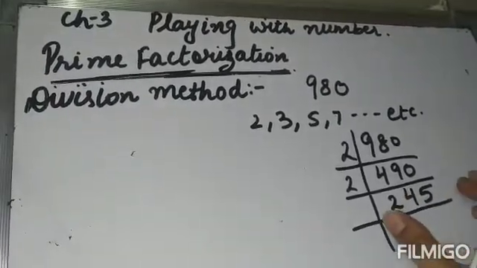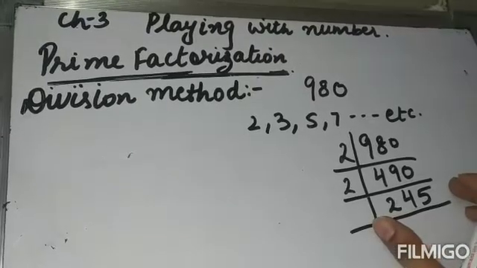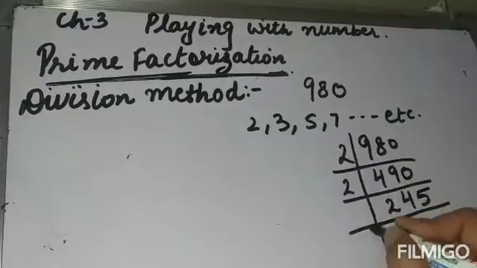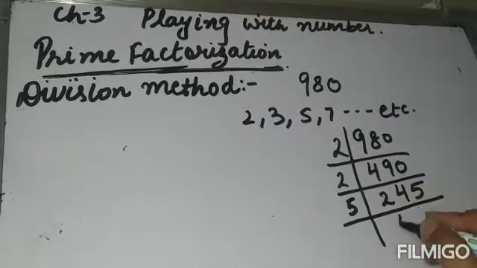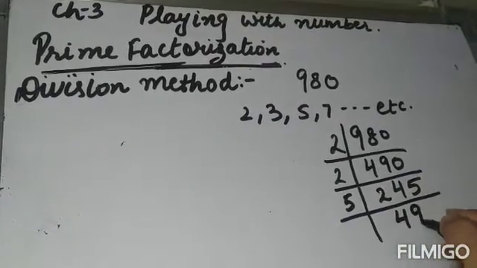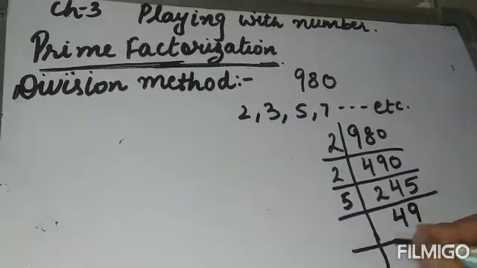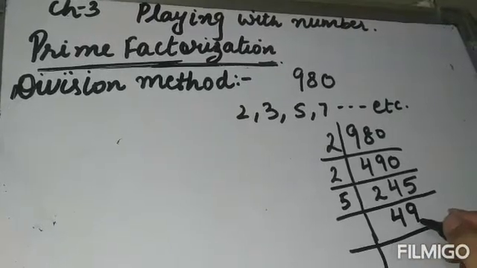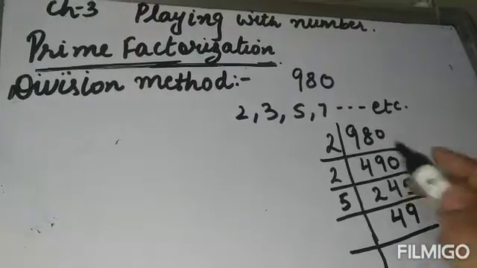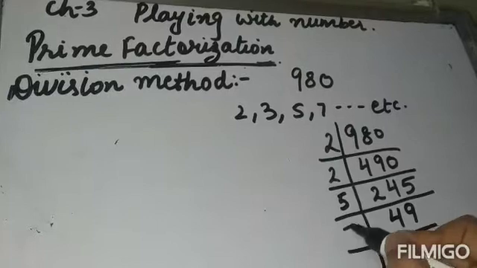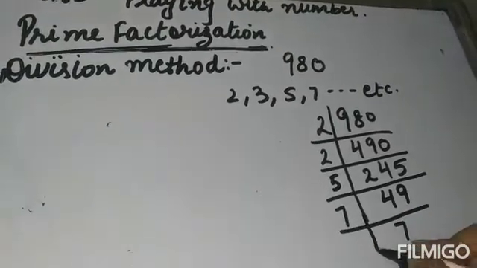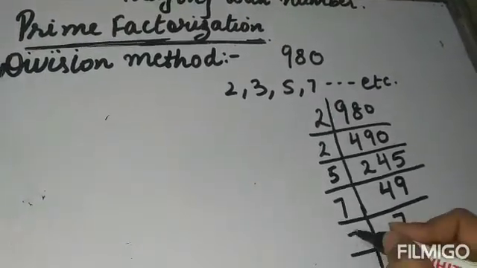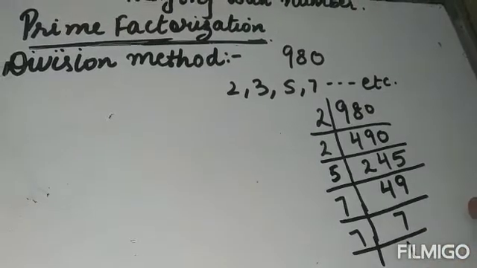Now 245 is not divisible by 3. So take 5. 5 fours are 20, 5 nines are 45. Now 49 is not divisible by 5. So let's move to 7. 7 sevens are 49. 7 ones are 7. Stop here.